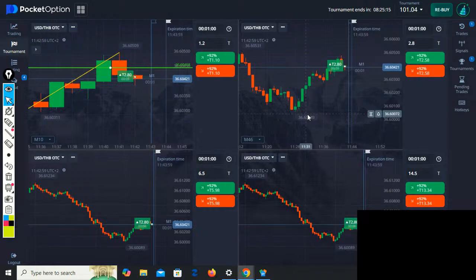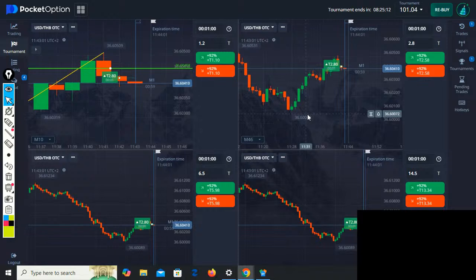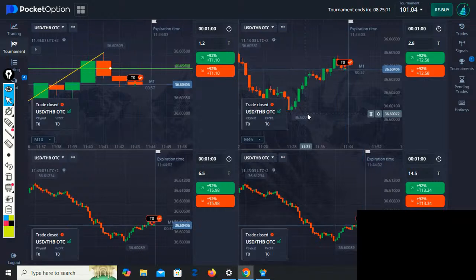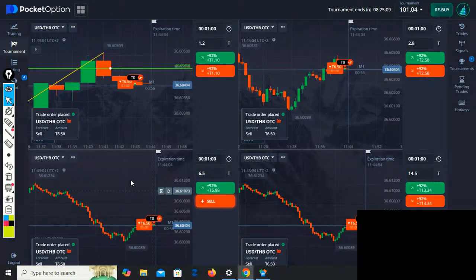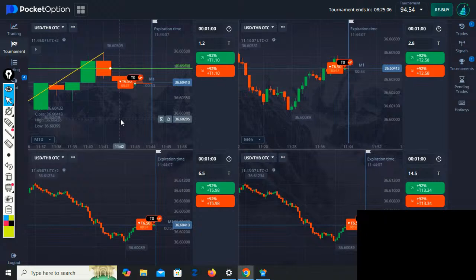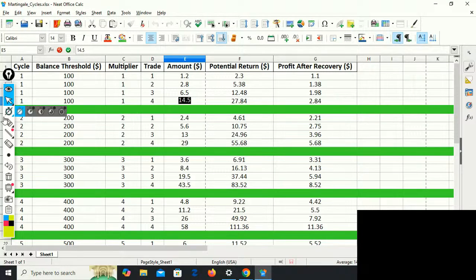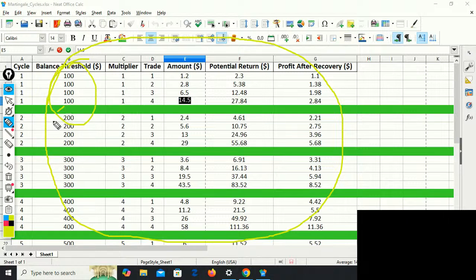You should calibrate a little bit. Don't be greedy. Don't think that small amounts do not count. If you use a system like this, you will be able to compound your small amounts every time you increase your balance by $100.